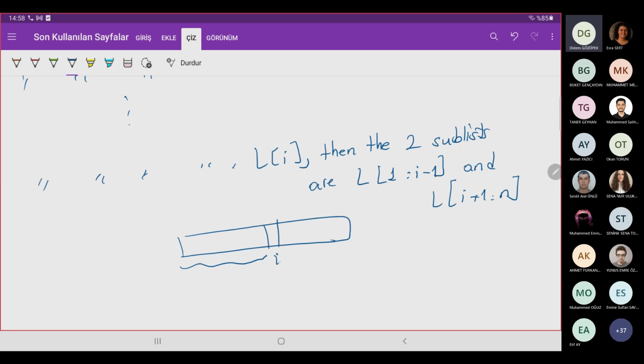So one of my sublists is from 1 to i minus 1, and the other starts from i plus 1 until n.